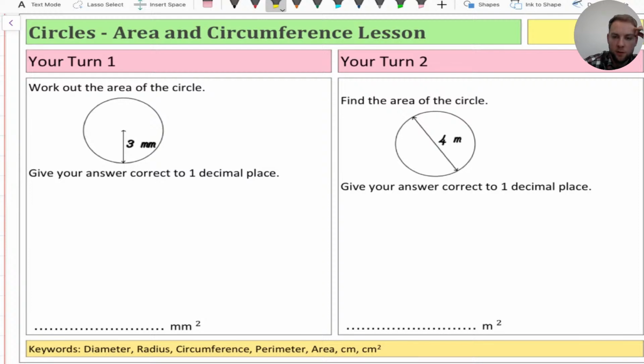Well done, those of you who already got it. Brilliant. What does it say in the notes to round to?